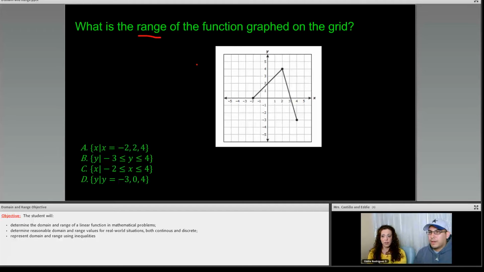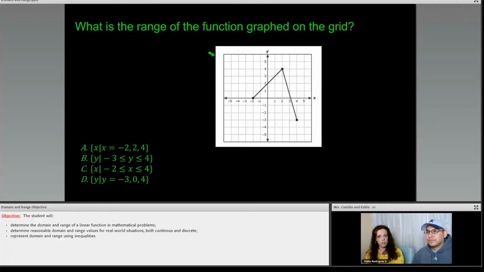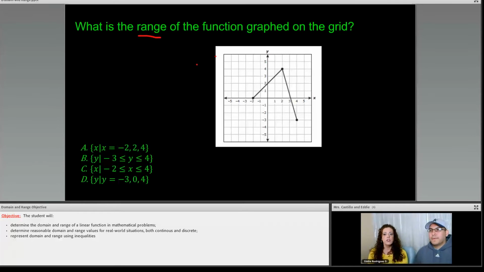Okay. So when you look at the graph, you notice that this graph does not have arrows. So it's only a section of a graph. If we're looking at the range, we're concerned with the highest and the lowest point of the graph, and then we'll scroll to the y-axis.